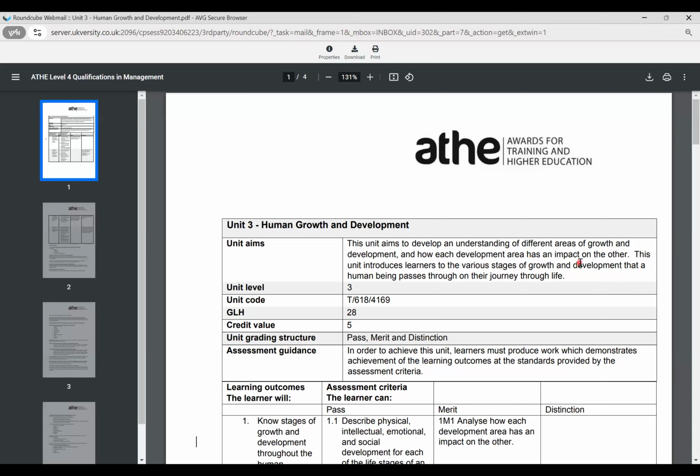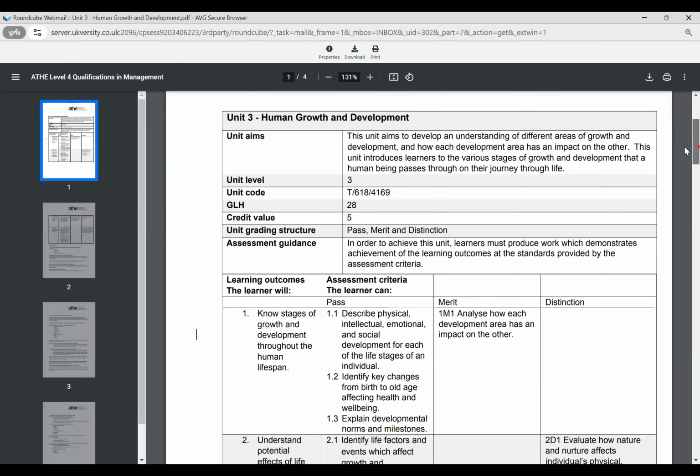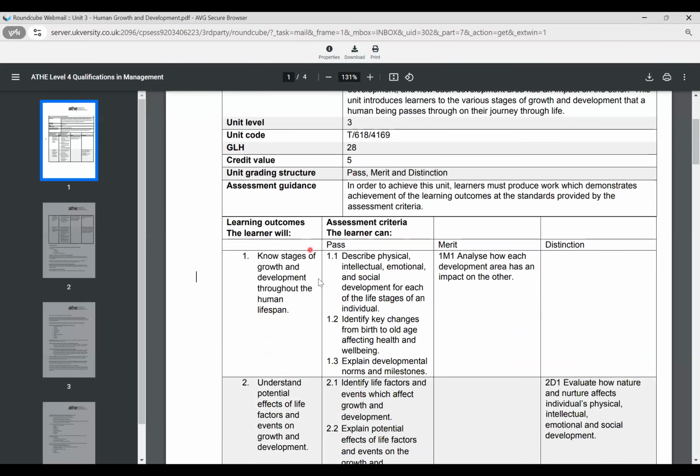You've also talked about different stages of growth and development that a human being passes through on their journey throughout their lifetime. So this is an assessment to show if you want to pass, merit, or distinction. Please email us when you're submitting your assignment.